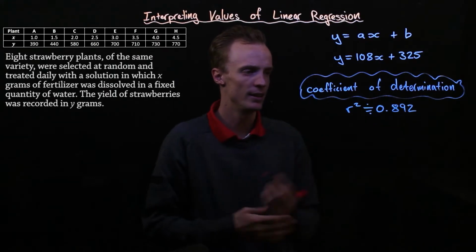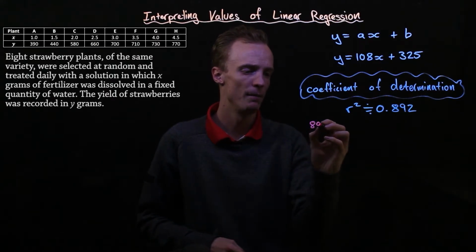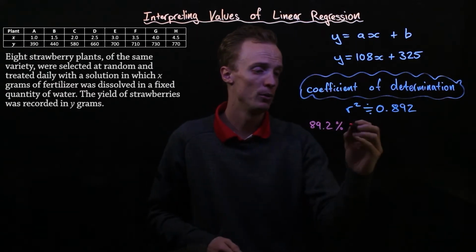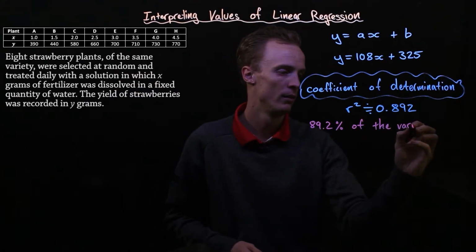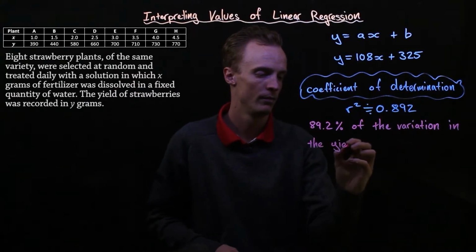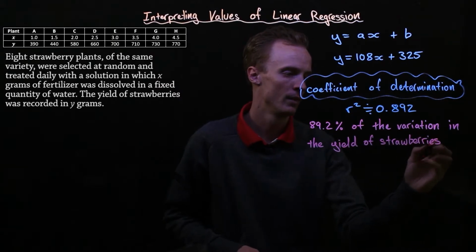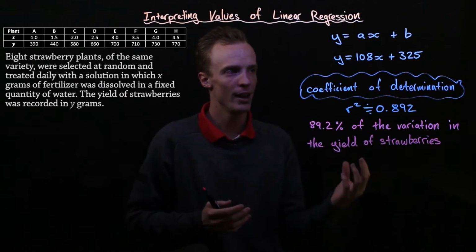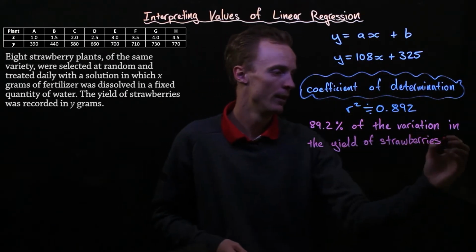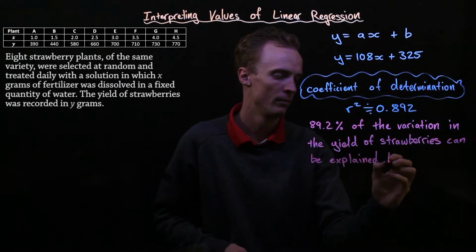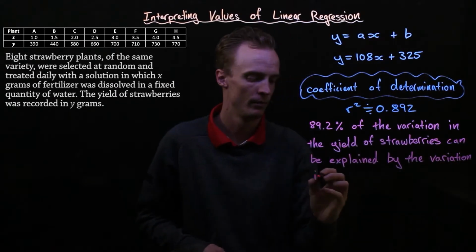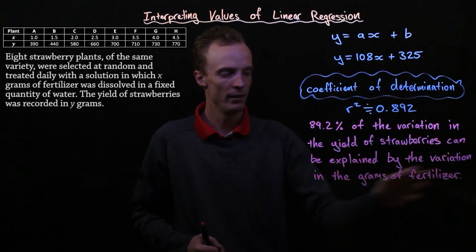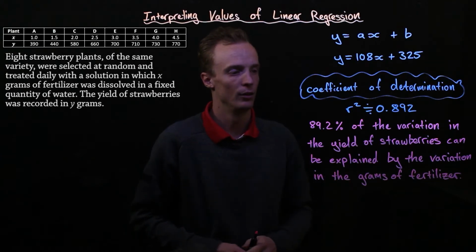So this value here is saying that we've got 89.2% of the variation in our y variable, so of the variation in the yield of strawberries, can be explained by the variation in our x variable, or the variation in the grams of fertilizer used.